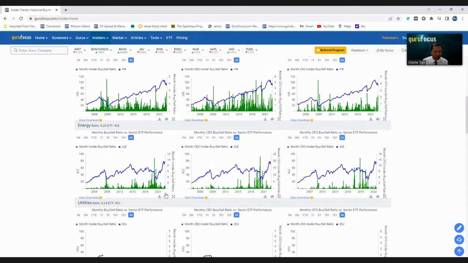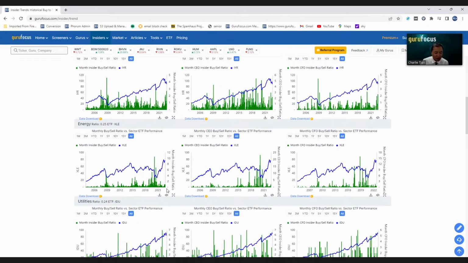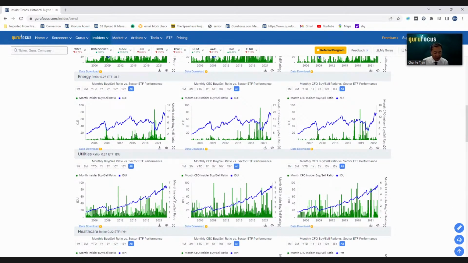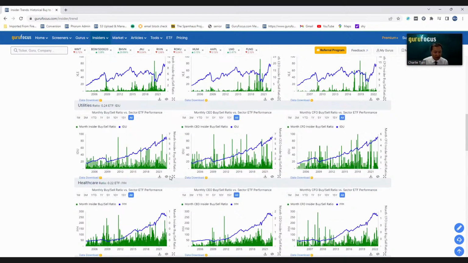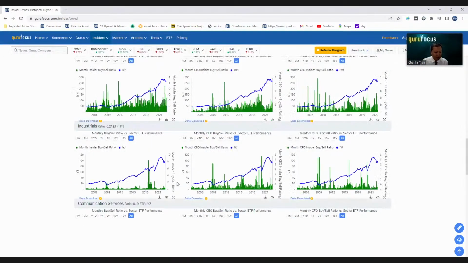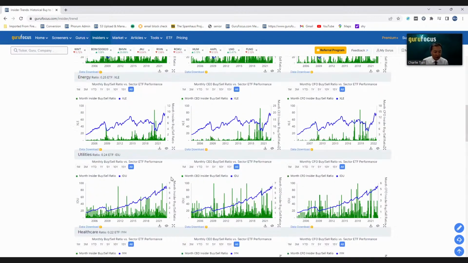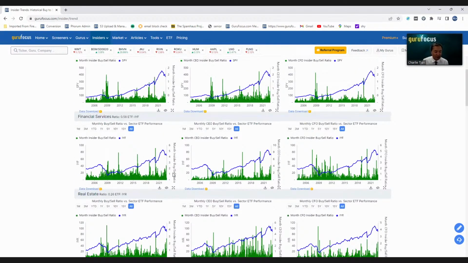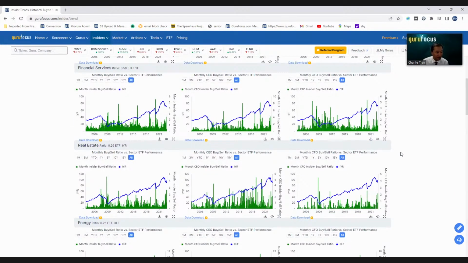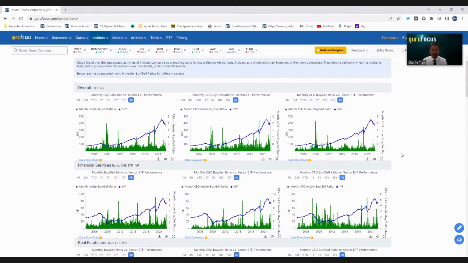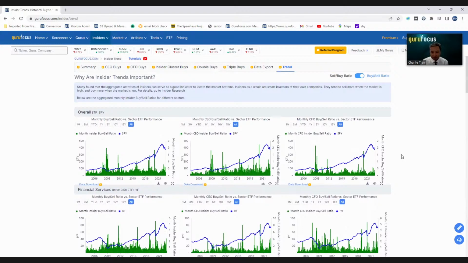Energy not that much, because of course we know that the energy sector did really well this year and last year. Utilities better, industrials not that much. The most outstanding sectors are real estate and financial. They had a better insider buy-sell ratio. So I think this chart is worth paying attention to.